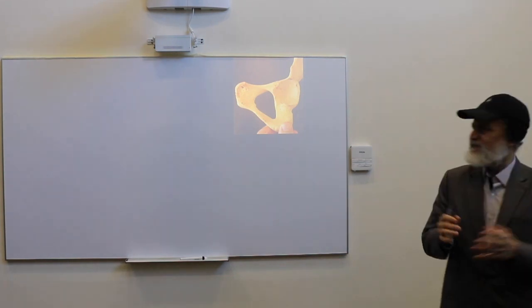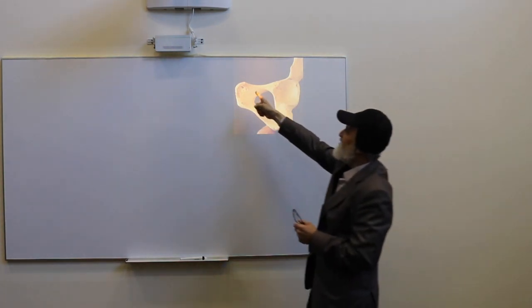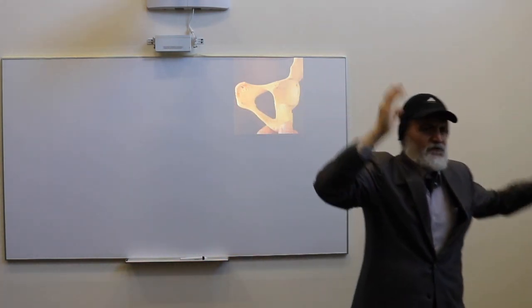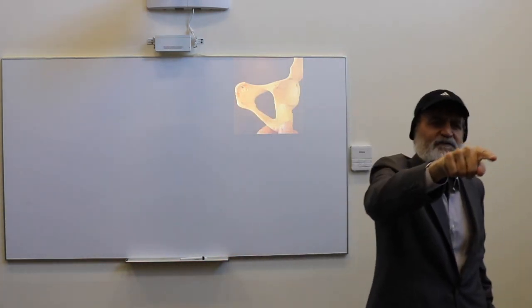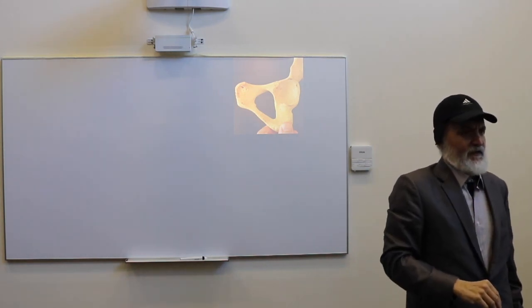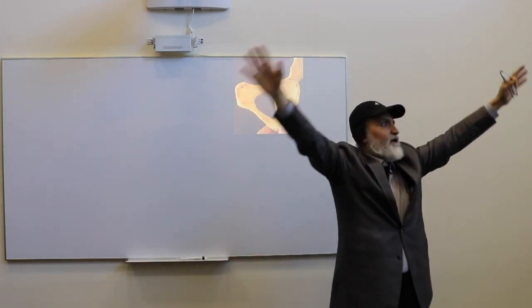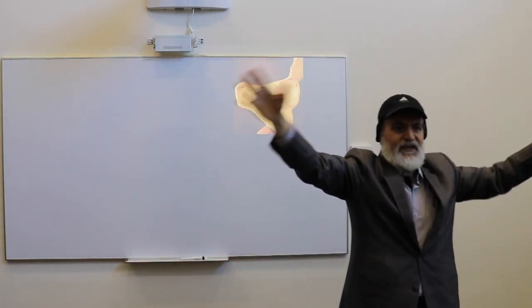The pubic crest ends laterally in the pubic tubercle. So the pubic tubercle is part of the crest, but they are two entities. So as an extension, when someone builds a building, there is a crest ending in a tubercle. Are you following?